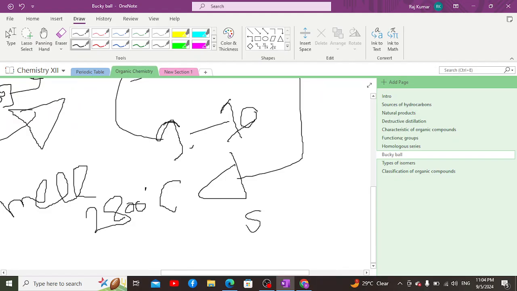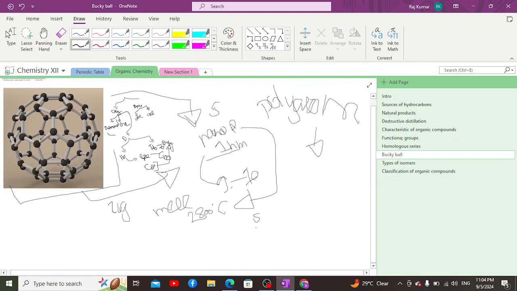The structure is basically made up of two major types of units.